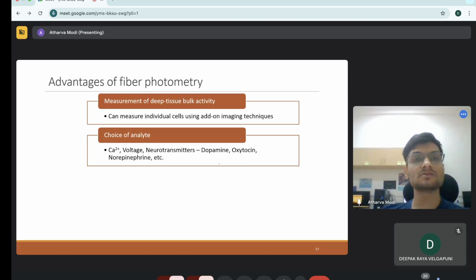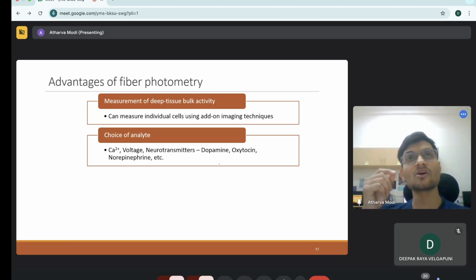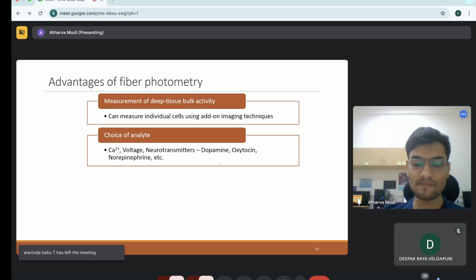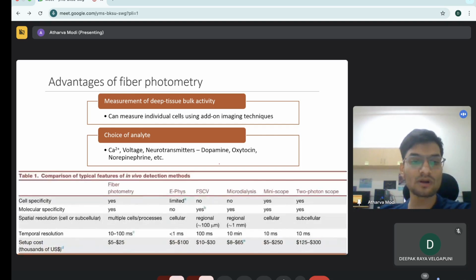So being able to measure these chemical concentrations at such temporal scales without bulk equipment like voltammetry or putting a chemical electrode inside the brain is a very big advantage provided by fiber photometry.